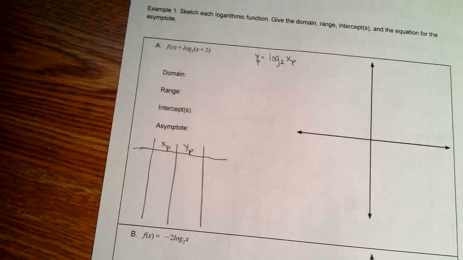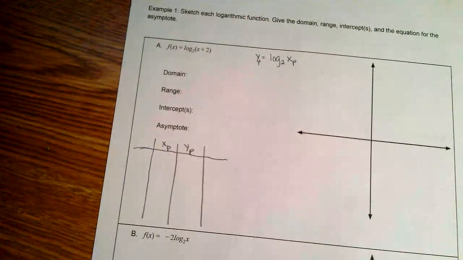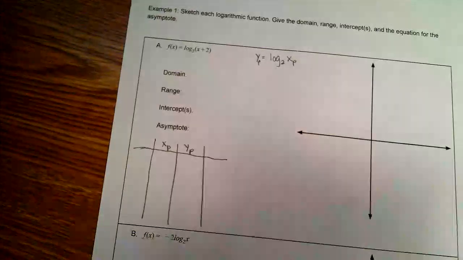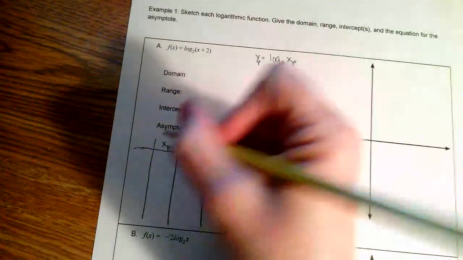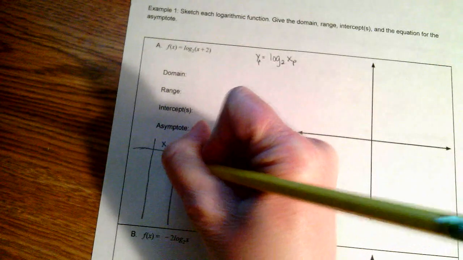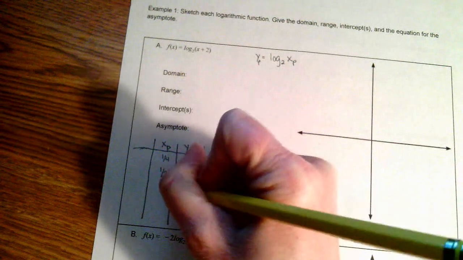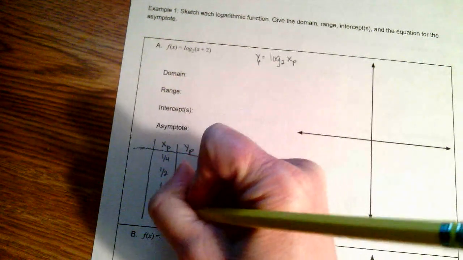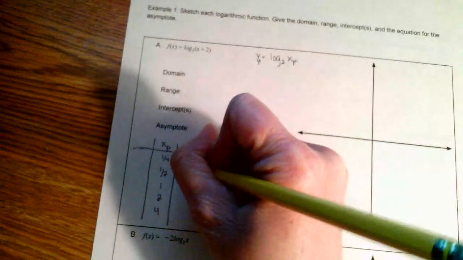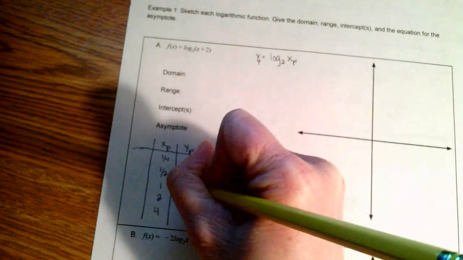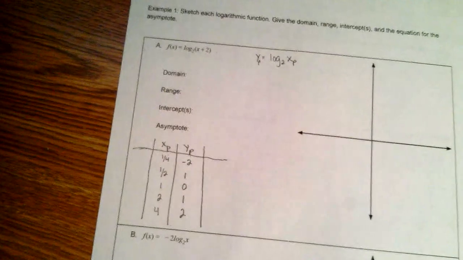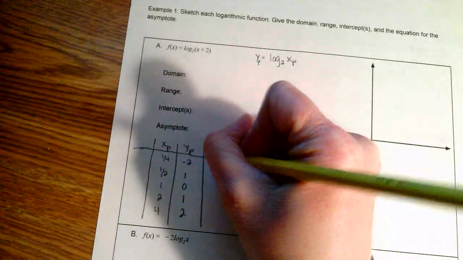From what we already found, we knew that the parent function x values were 1/4, 1/2, 1, 2, and 4, and the y values were -2, -1, 0, 1, and 2. We talked about how the new y is the same as the old y.